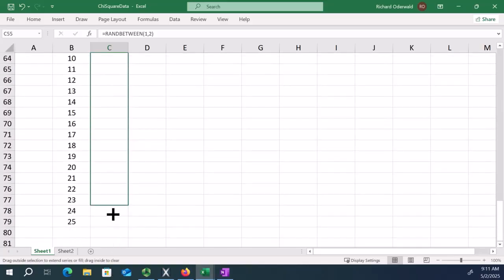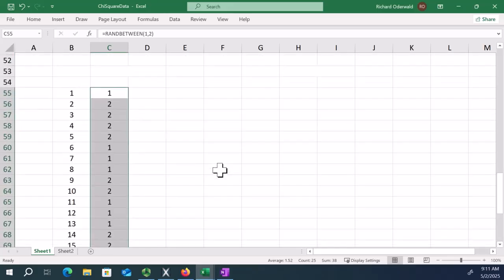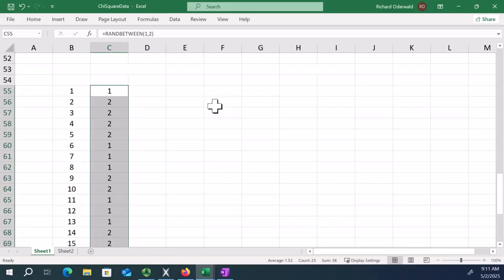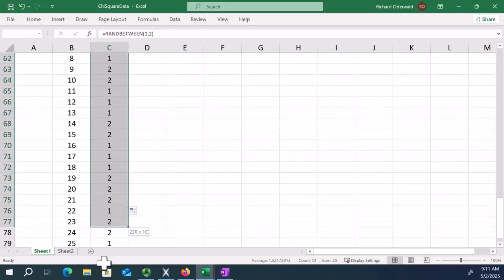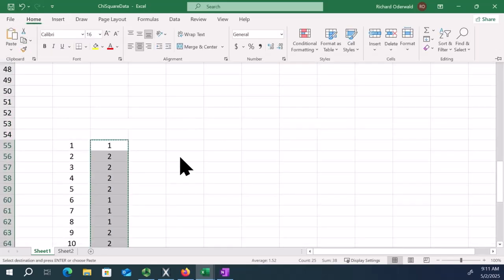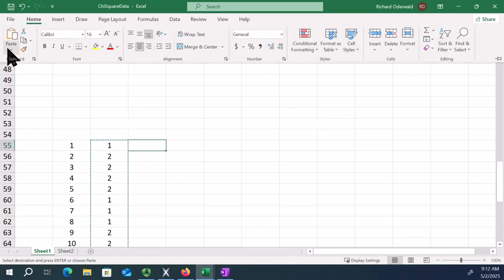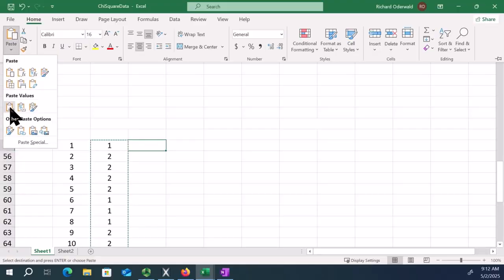Just going to copy that down to 25. 1 is heads, 2's tails. Copy that list of numbers, then go right next to it, just so we still have 1 through 25, and we want paste special, and we want to paste values.